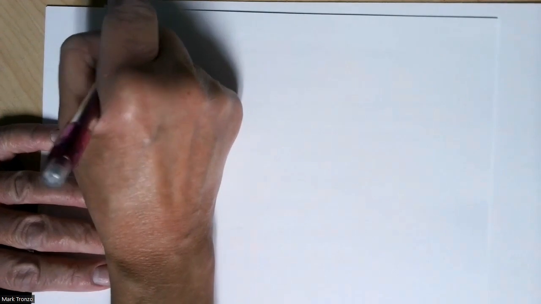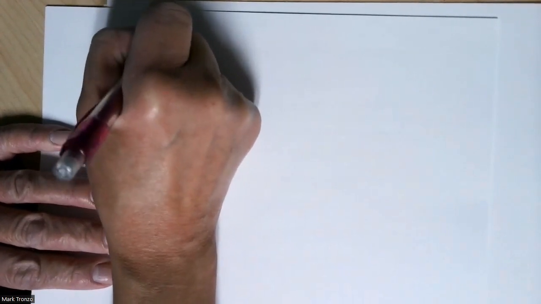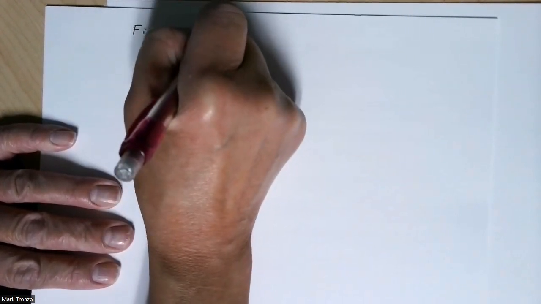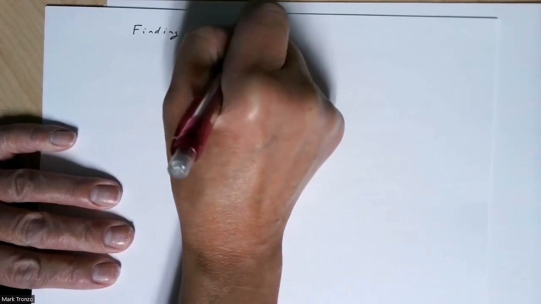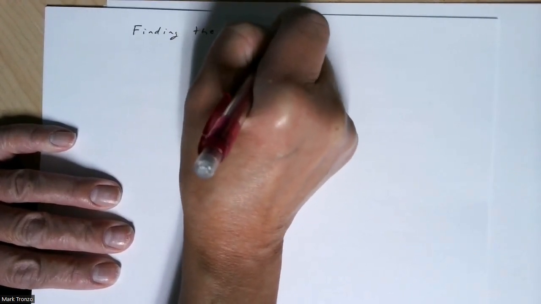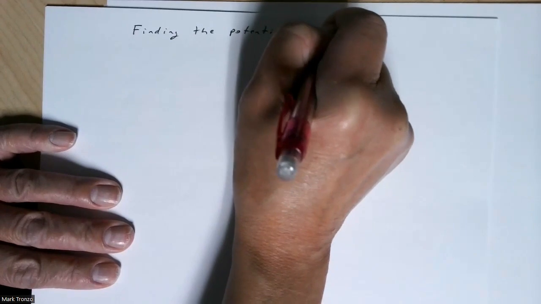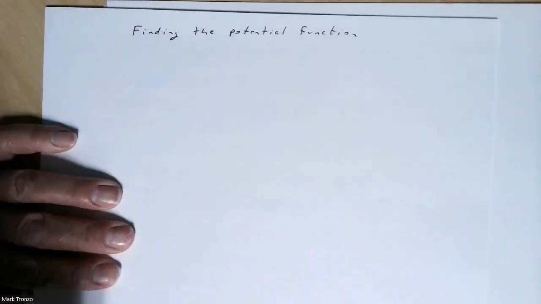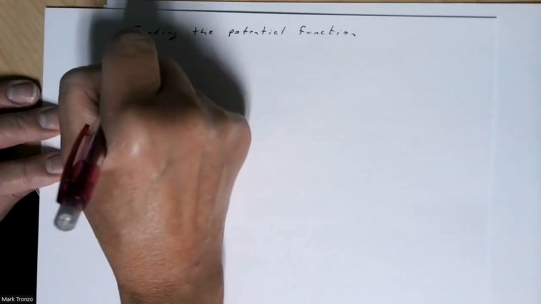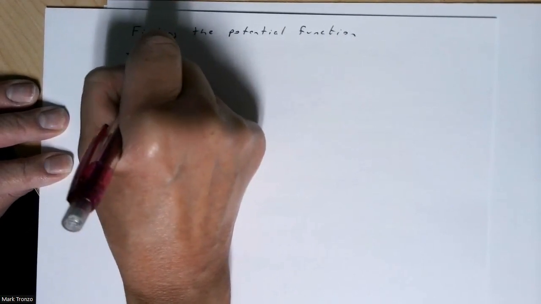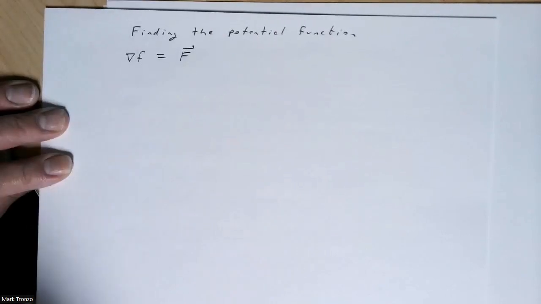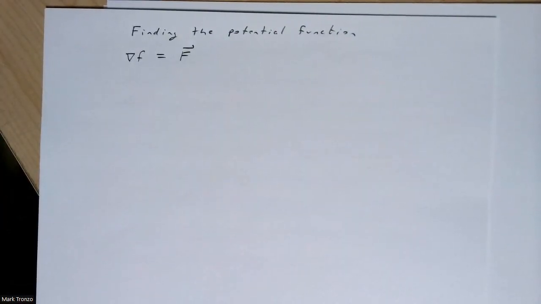So now, again, remember what we want to do. Finding the potential function: we want the gradient of f to be equal to F. Now let's write down what those mean.